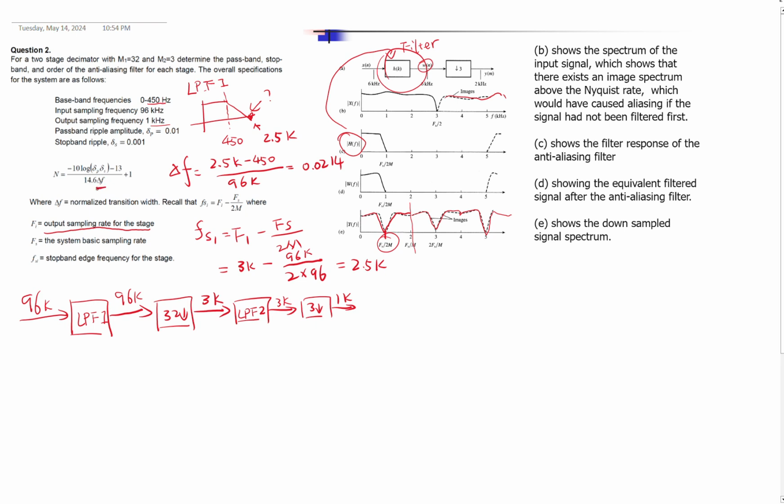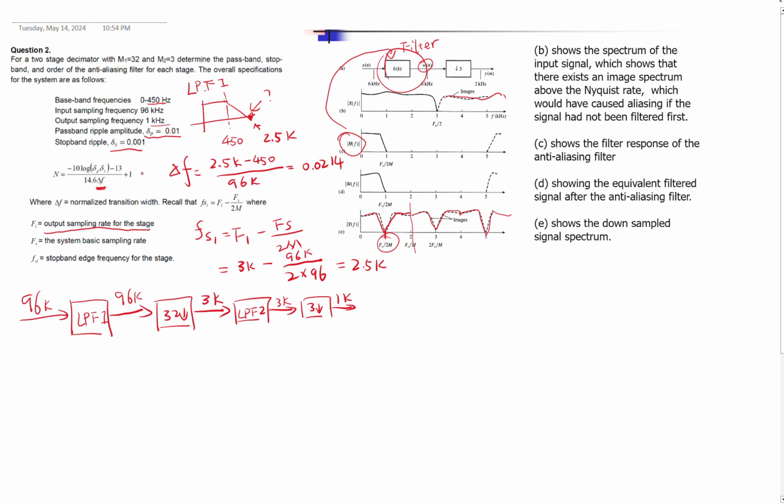We know this delta F and this delta stop, no problem. The passband ripple we need to divide by 2 because there are 2 stages. You can imagine a signal going through one stage: it will be attenuated in the passband, which really affects the useful signal.